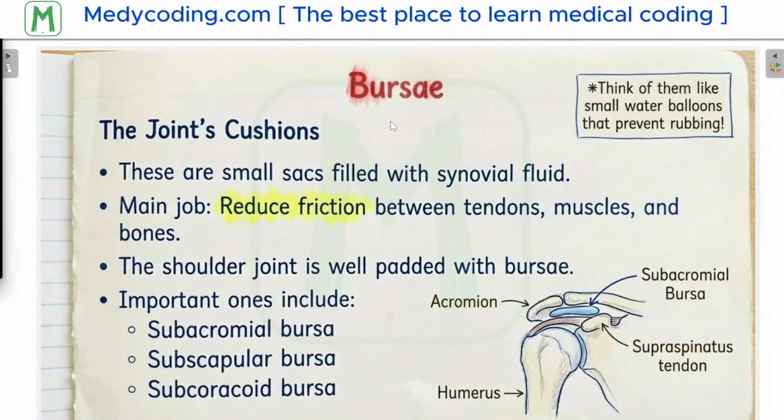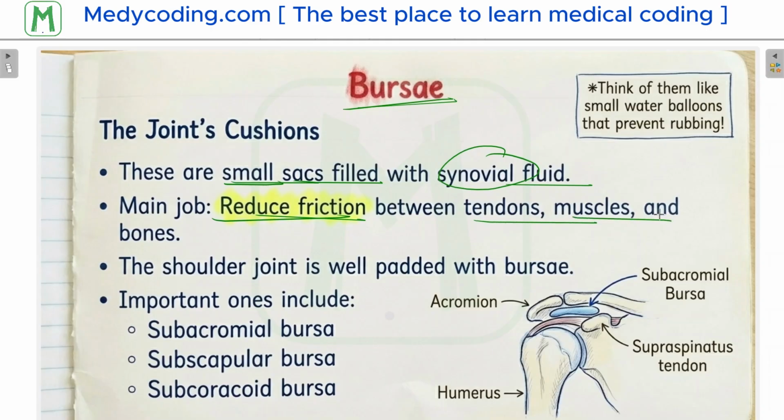Now let us discuss the bursa. What is a bursa? Bursae are small sacs filled with synovial fluid, acting like a cushion or pillow. They reduce the friction between the tendons, muscles, and the bone. There are mainly three important bursae. The subacromial bursa, as the name suggests, is below the acromion bone.